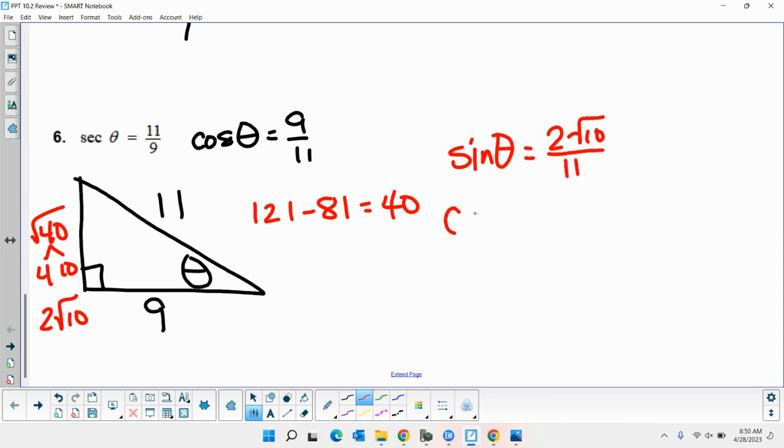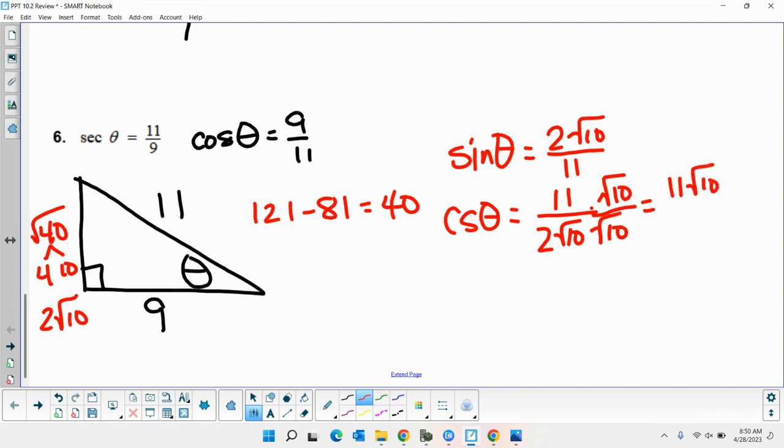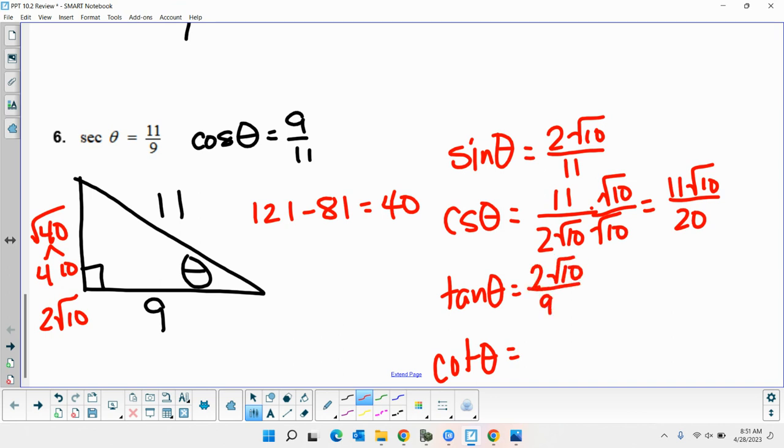And then cosecant would be 11 over 2 radical 10 times the radical 10, which would be 11 radical 10 over 20. And then what else do we need? Tangent and cotangent. Tangent would be 2 radical 10 over 9. And cotangent would be 9 radical 10 over 20 when I simplify it.